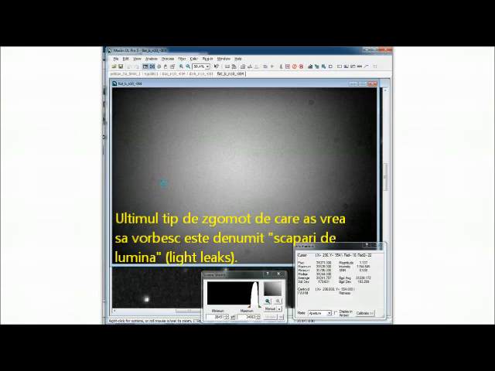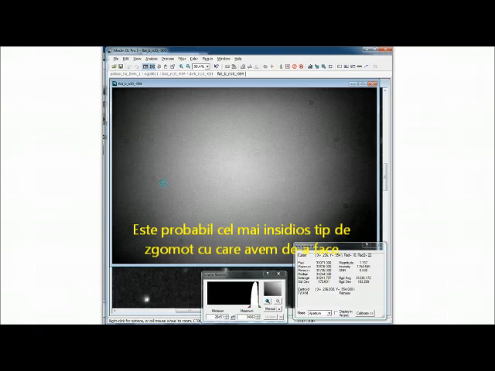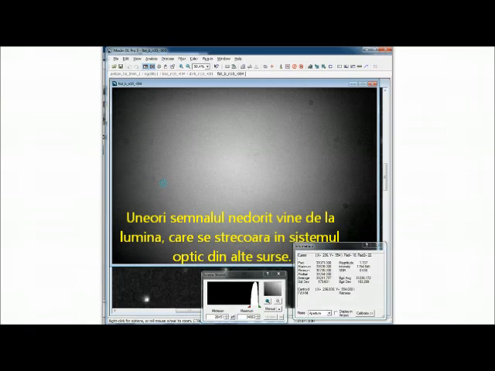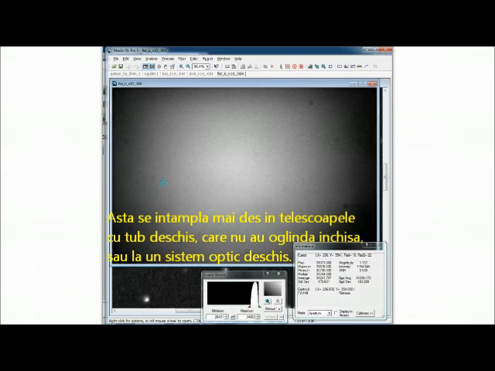The last type of noise that I would like to discuss today is called light leaks. This is probably the most insidious kind of noise that you'll ever run into. Sometimes unwanted signals come from light leaking into your optical path from other sources. This is really more common with open-tubed telescopes, telescopes that don't have an enclosed mirror or enclosed optical system.